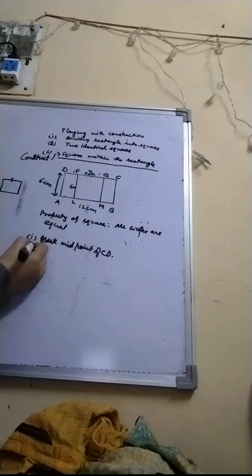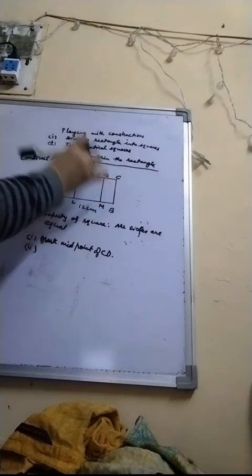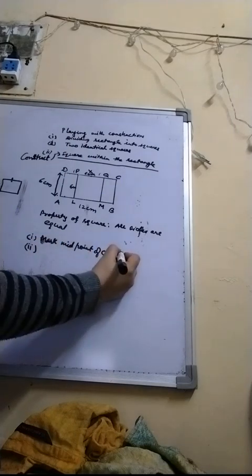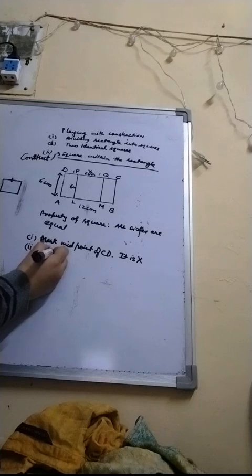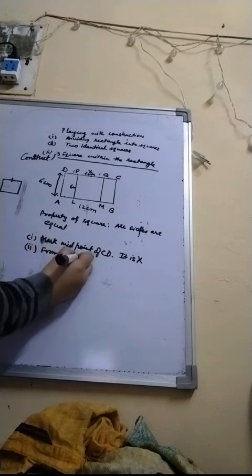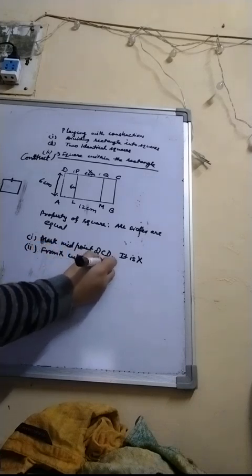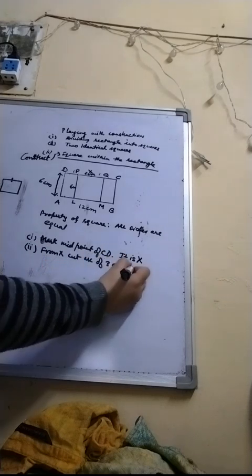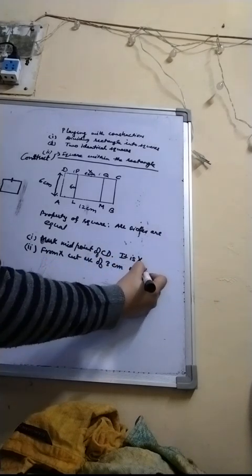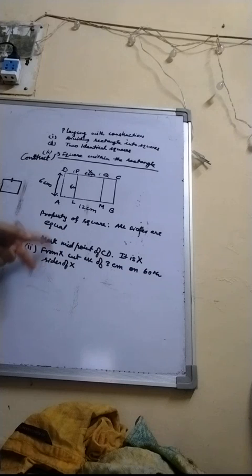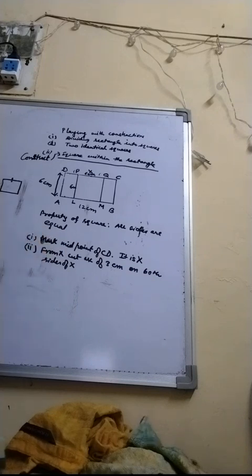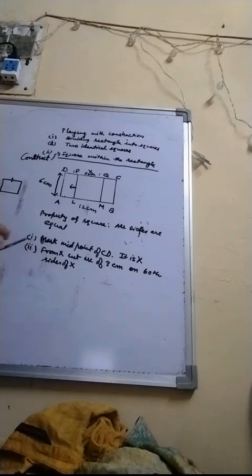So what we have done is mark the midpoint of CD first. It is X. From X, cut arcs of 3 centimeter on both sides of X. So no need to remember these. This is just to know how we are constructing.